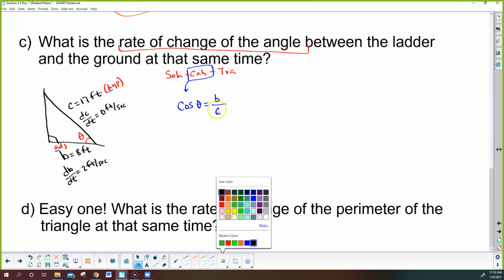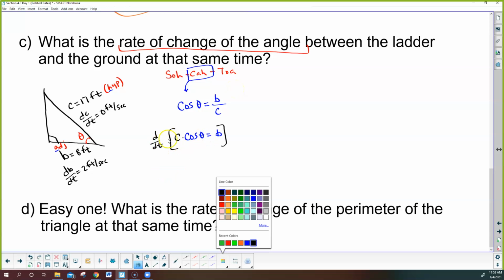Or instead of having this divide by c, and here's where we've got to be really careful, we can move this c over to the other side so it looks like this. And in my mind, this is easier to take the derivative of because it's the product rule instead of a quotient rule. But again, it doesn't matter. I just think the quotient rule makes it more confusing. But it completely won't matter.